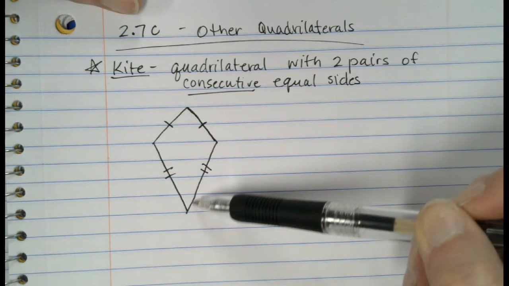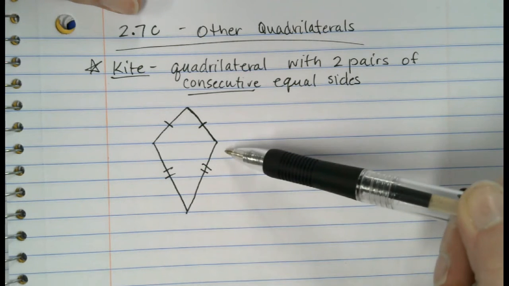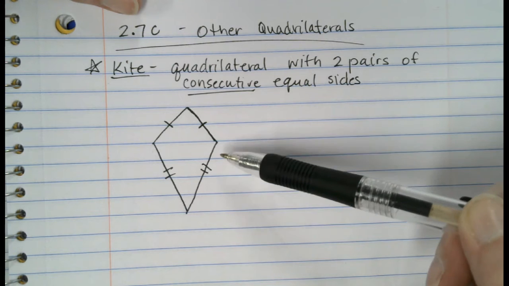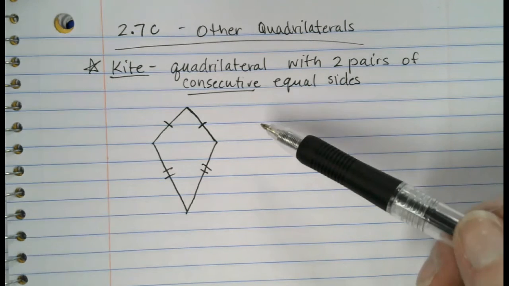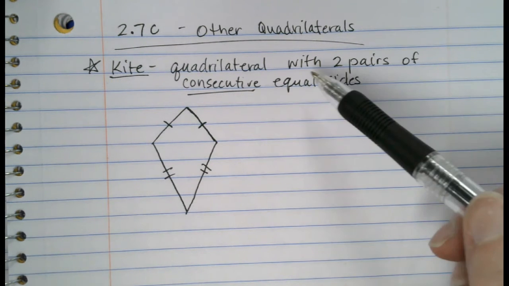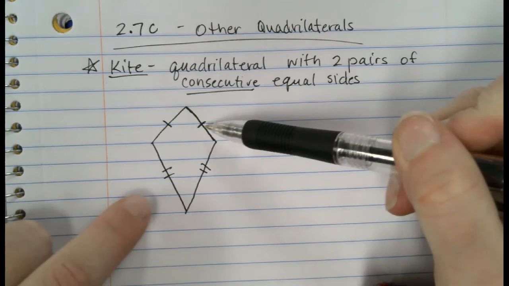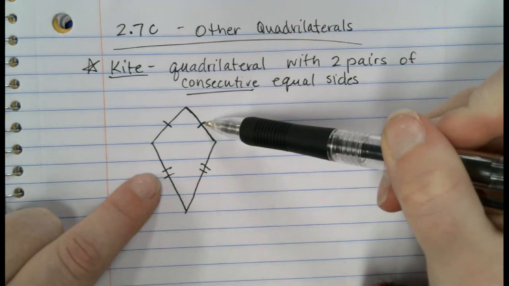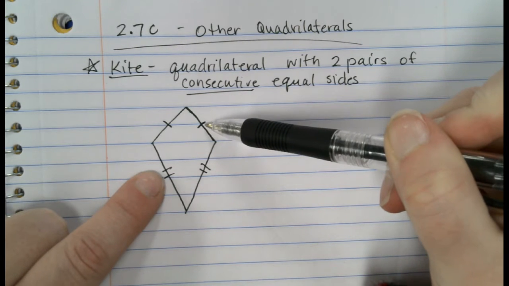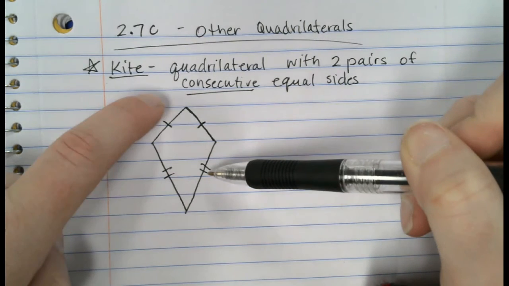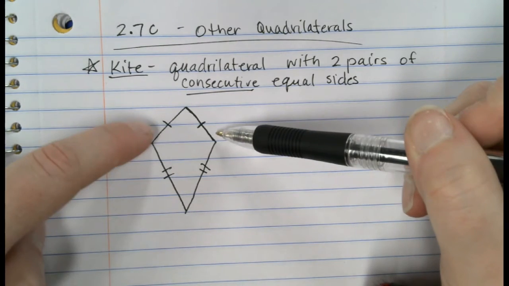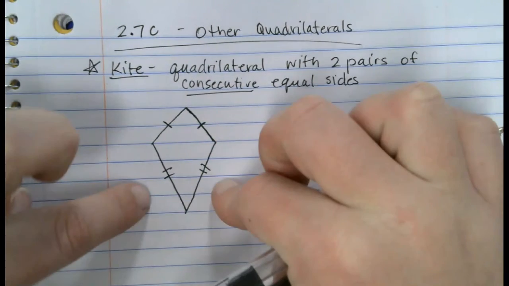They are equal, which is why they have 2 tick marks, and they are also consecutive, back to back. The difference between this and our parallelogram is on a parallelogram the sides are opposite each other. Well, here the opposite sides are not equal, are they? These aren't equal, right? The opposite sides aren't equal. It's the consecutive sides. These two and then these two.